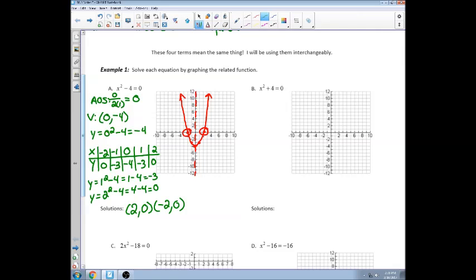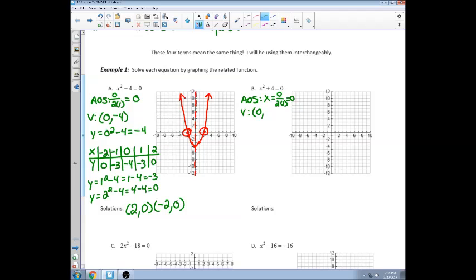I have x squared plus 4. So again, I do not have a b value. So when I go to find my axis of symmetry, the opposite of b is going to be 0, because I do not have a b value. So x equals 0 over 2 times 1, which is 0. So my vertex is going to be 0, comma, I'm still not sure.